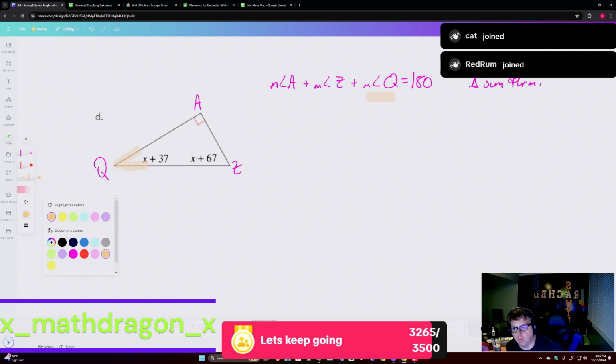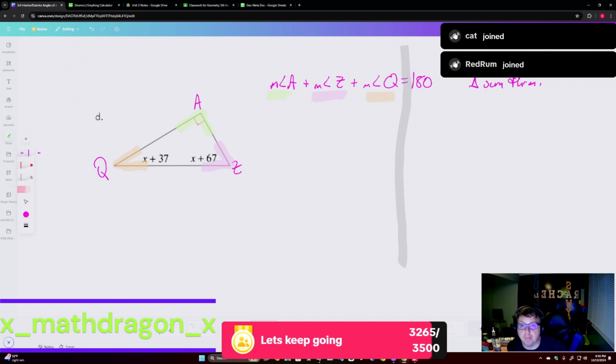So once again, going through, I'm just color coordinating the angles to make sure that my information gets put in the correct spots, the correct locations. It's very good practice that you should do as a math student so that you limit the amount of mistakes you make. You're never going to be perfect. You're going to have mistakes, but at least you can limit them by doing some easy tricks.